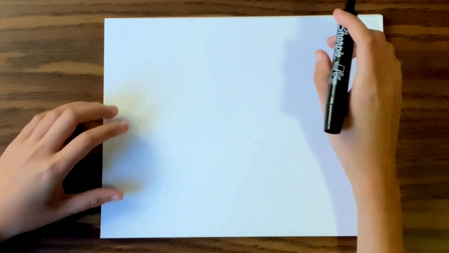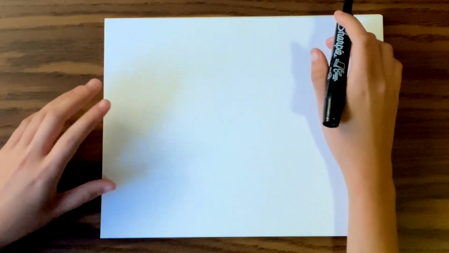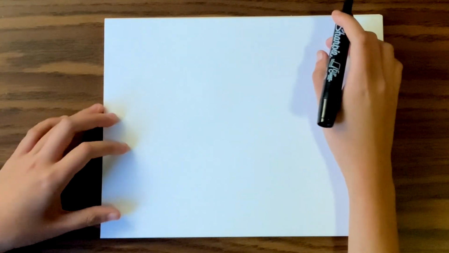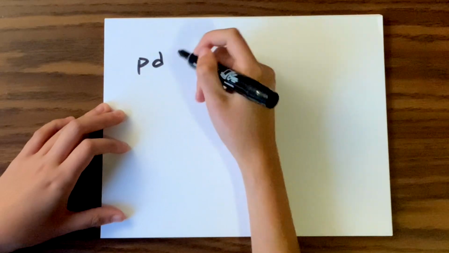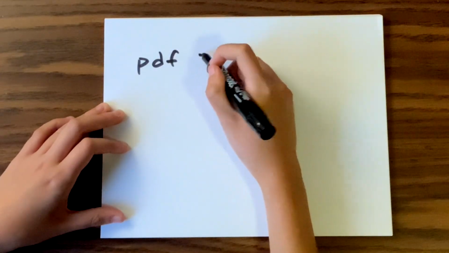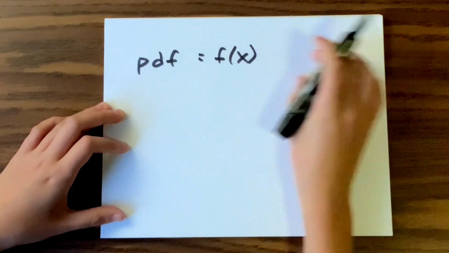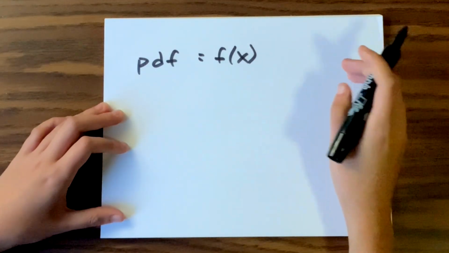So let's recall our fundamental principles on what a PDF and a CDF is. PDF stands for probability density function, and we went over this in a previous video, but just to do a quick recap, the PDF is equal to some little f of x, which can be equal to some function. For this video, we're talking about exponential distributions.